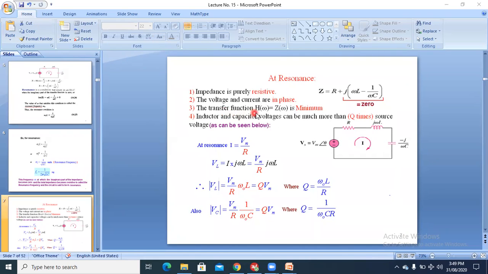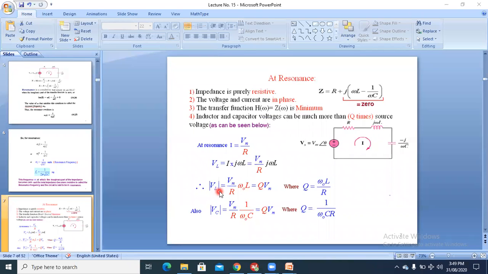So the transfer function is in the form of impedance, and that is the minimum impedance value, which is Z of omega. And what about the inductor and capacitor voltages?